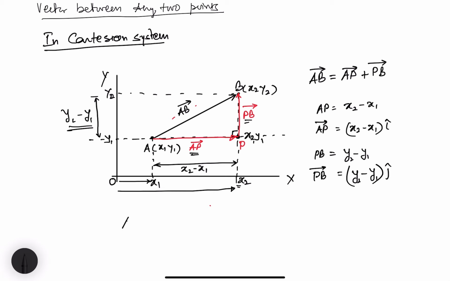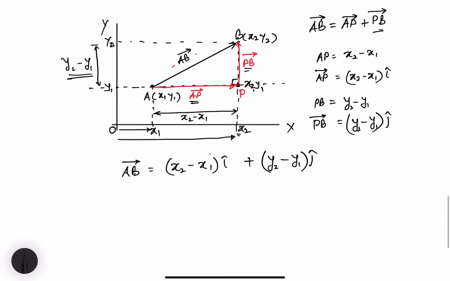Vector AB is the difference of the x components into the unit vector along the x-axis, plus PB, the difference of the y components into the unit vector along the y-axis.